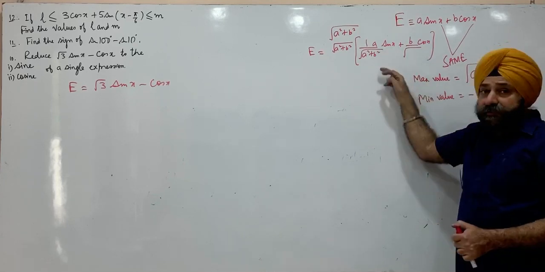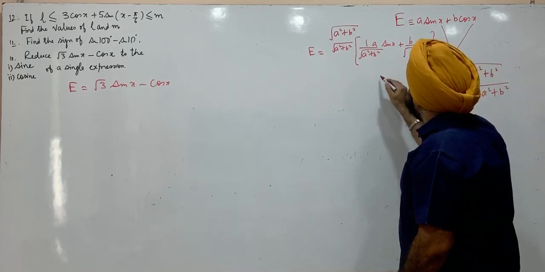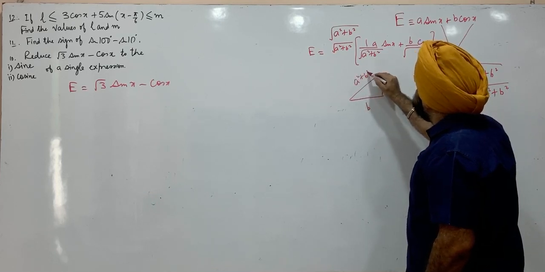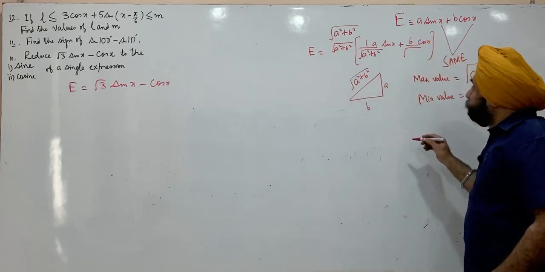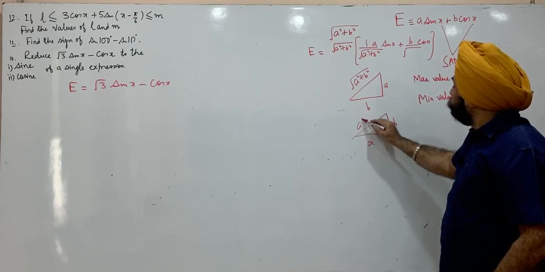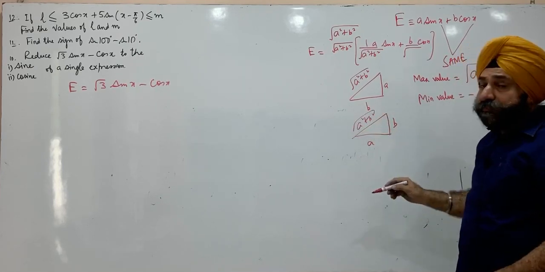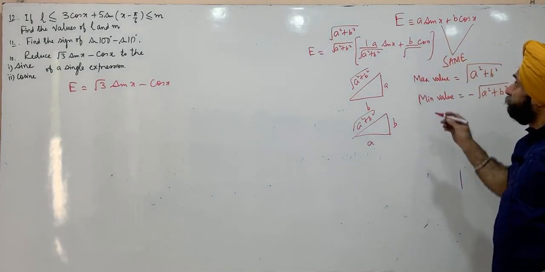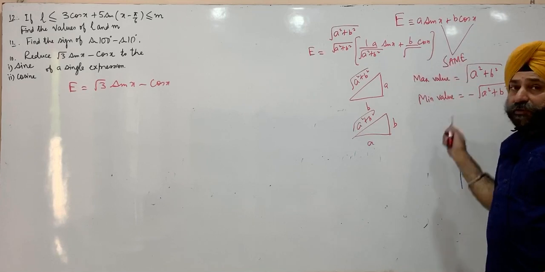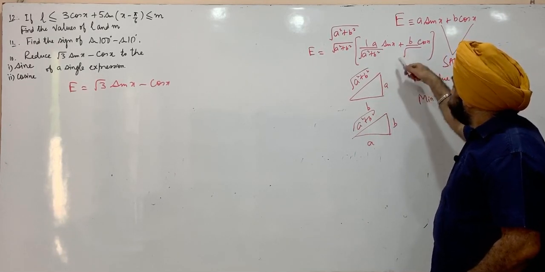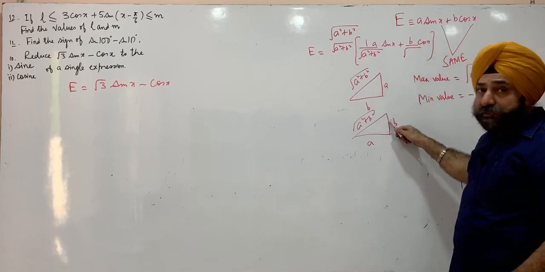And this expression can be written as, if this is a, this is b, this is root of a square plus b square, or we have b here, a here, and root of a square plus b square. This can be written as sine of angle, and this can be written as cos of angle, or for this it's cos of angle, and this is sine of angle.